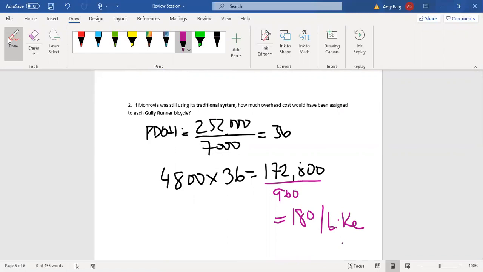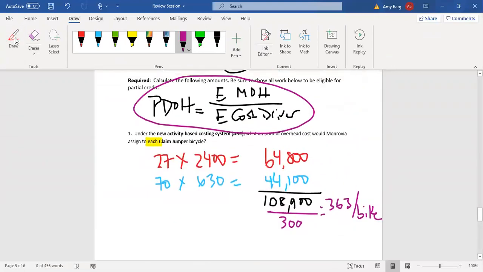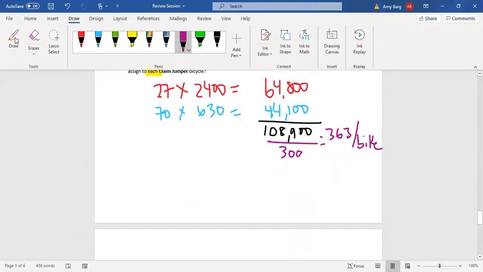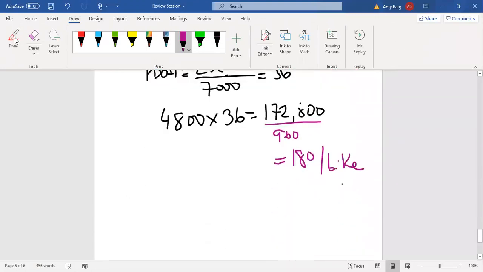Fairly simple. It's just a different way of applying the manufacturing overhead. The equation's the same. You just have to pay attention to what your cost drivers are. Make sure you find the correct rate. If you have any questions, please contact me. I can help you figure it out.